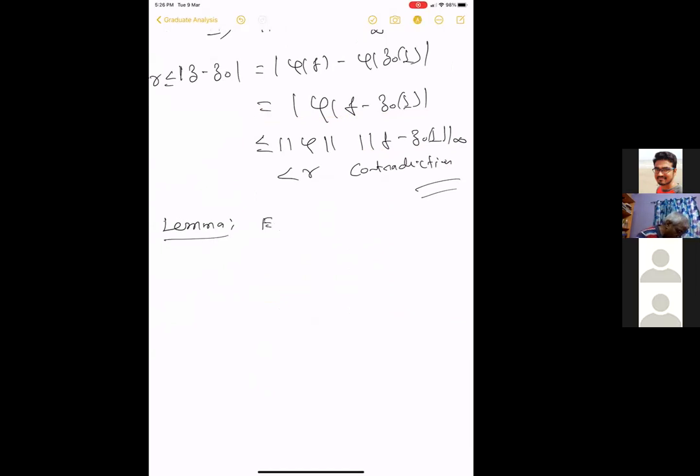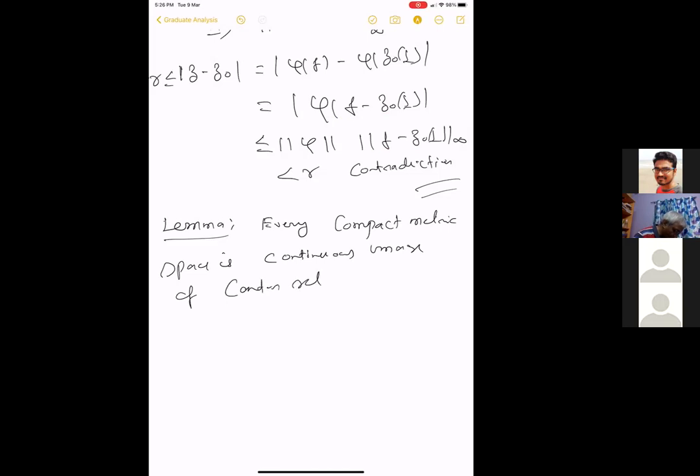Every compact metric space is a continuous image of the Cantor set. It's a surjective image of the Cantor set.